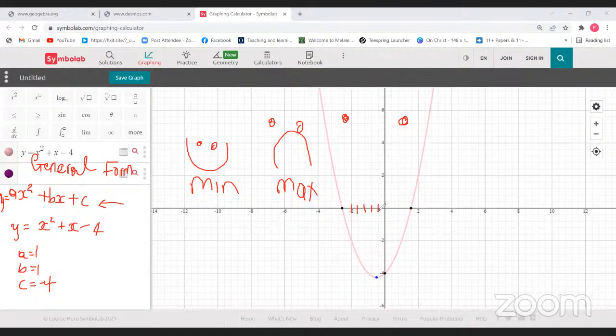Is it in between? Would that be like 2.5 there about?